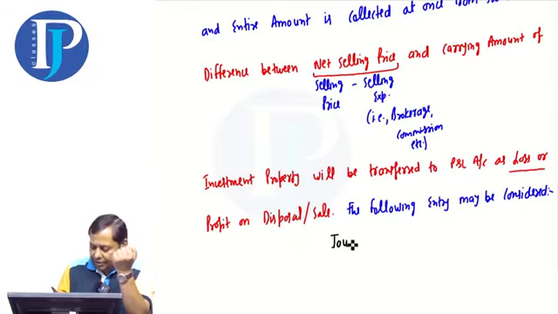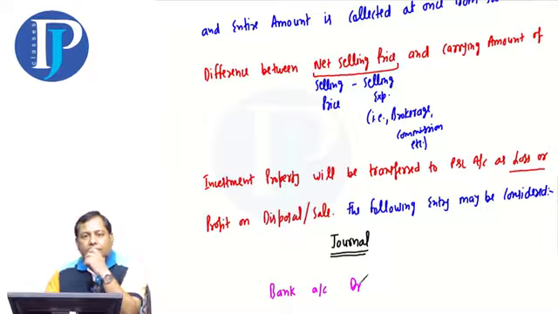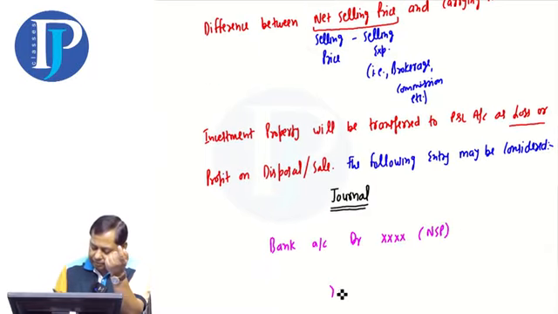If I have to record its journal, I will pass an entry as bank account debit. This will be the NSP, net selling price, to investment property.